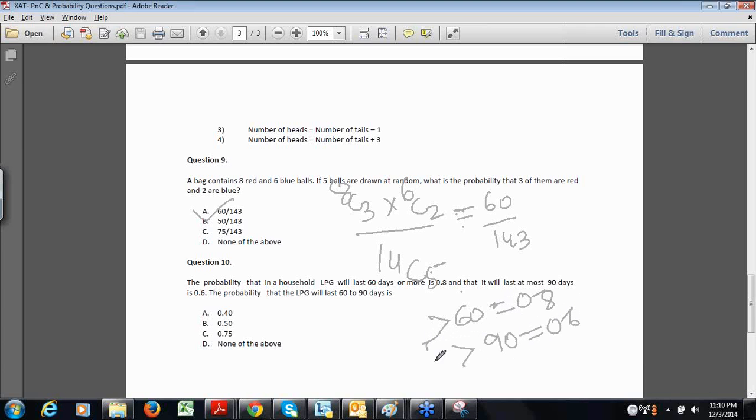So in between will be what? It is saying at most 90 days, that is less than 90. So it will be between 60 to 90.